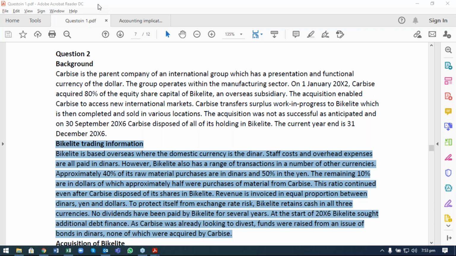Slight grammatical mistakes are okay, but if you are making a lot of grammatical mistakes that don't give the examiner an understanding of what you are trying to say, then yes, that gives you some negative marks.